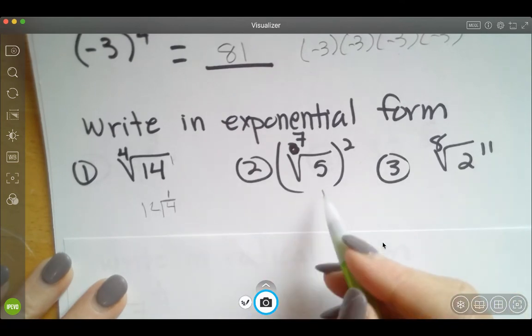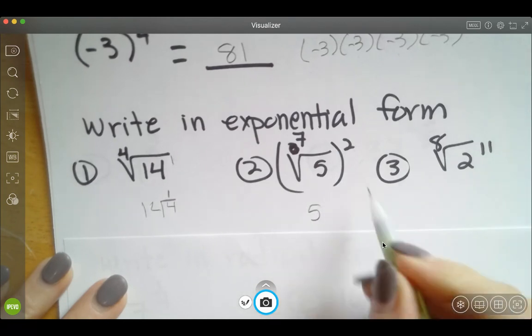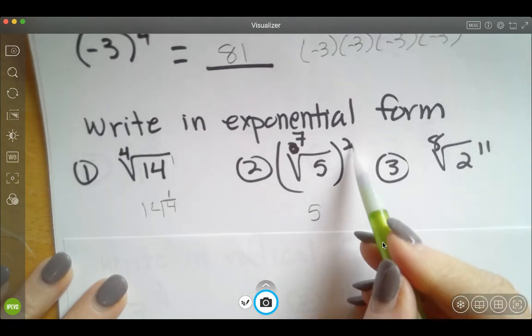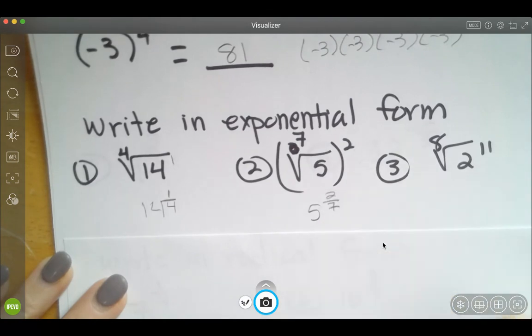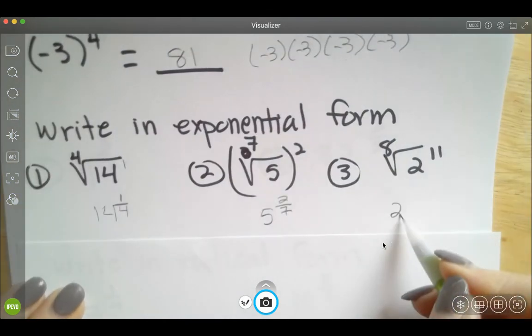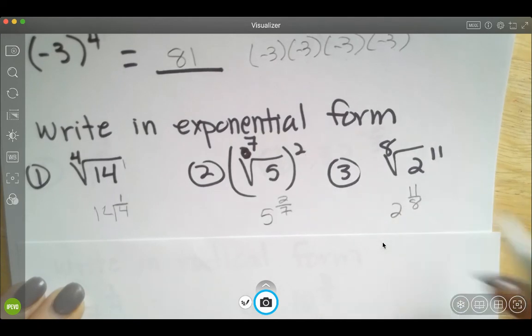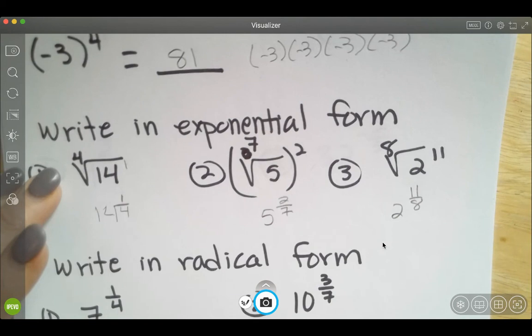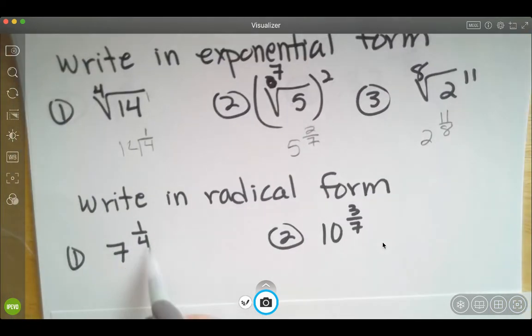So what we're going to have here is we're going to have 5, and this is going to be the numerator and the denominator. We're going to look at this one. It's 2, numerator, denominator. So we're just following a pattern. Now going in the other direction, this is the root or index.